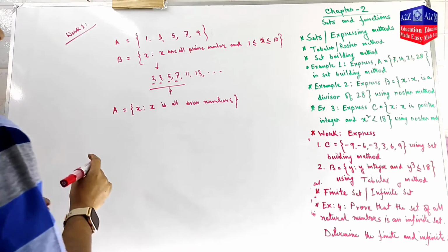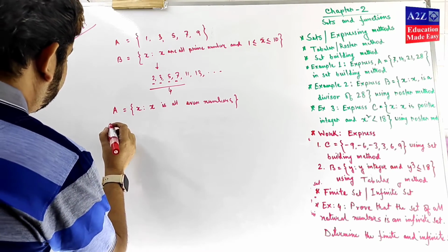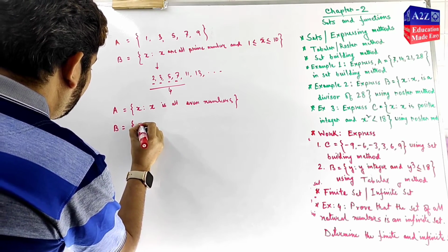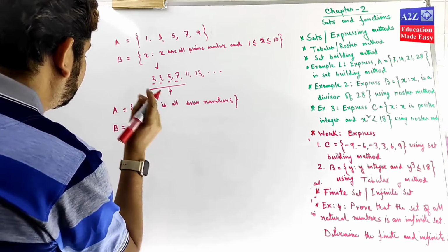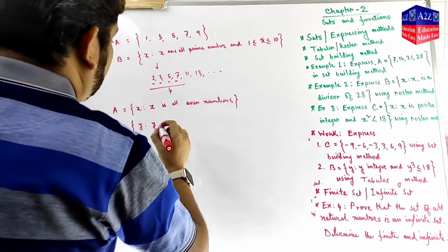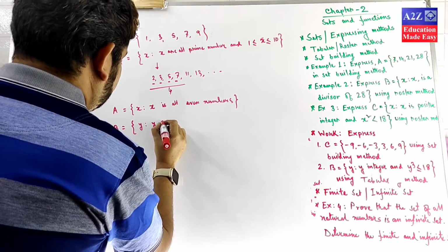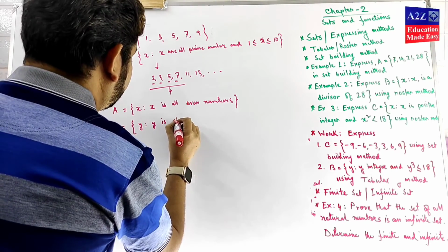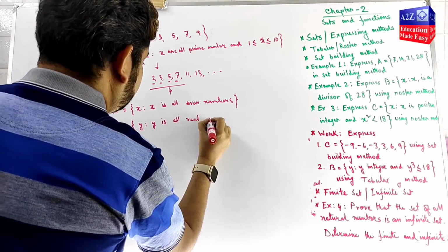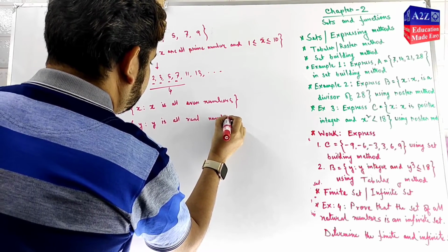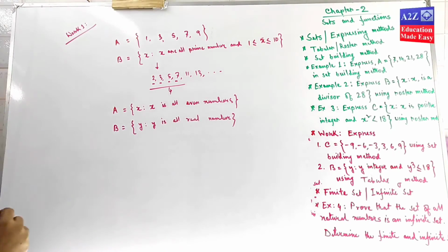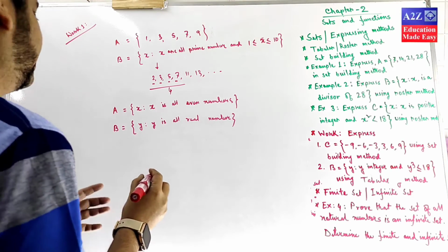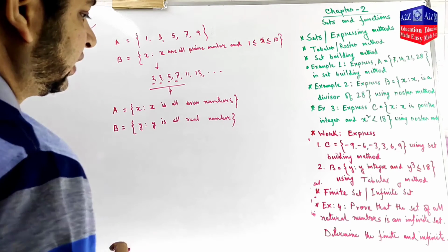Okay, for another example, B is a set of elements y such that y is all real numbers. There are a huge number of real numbers, unlimited real numbers, so you cannot exhaust them just by counting. So this is also an infinite set.